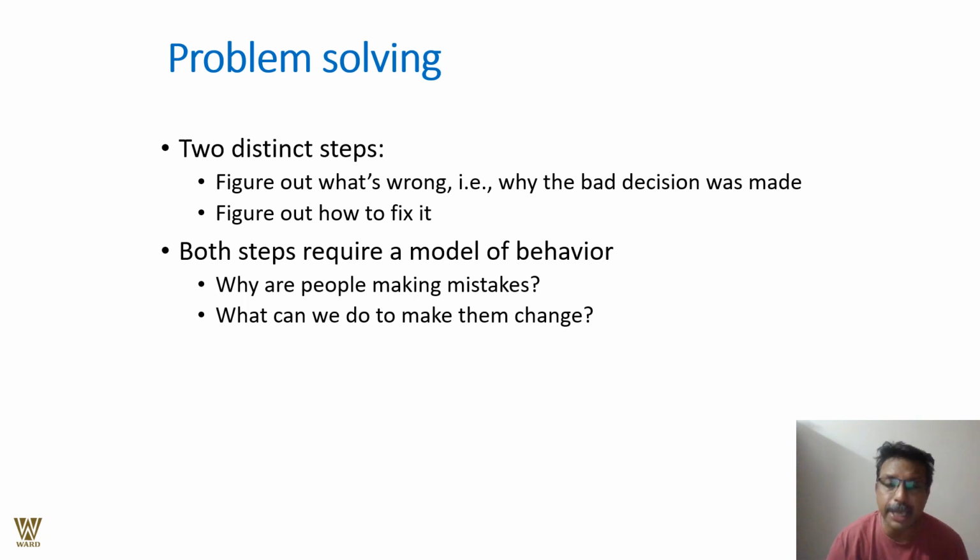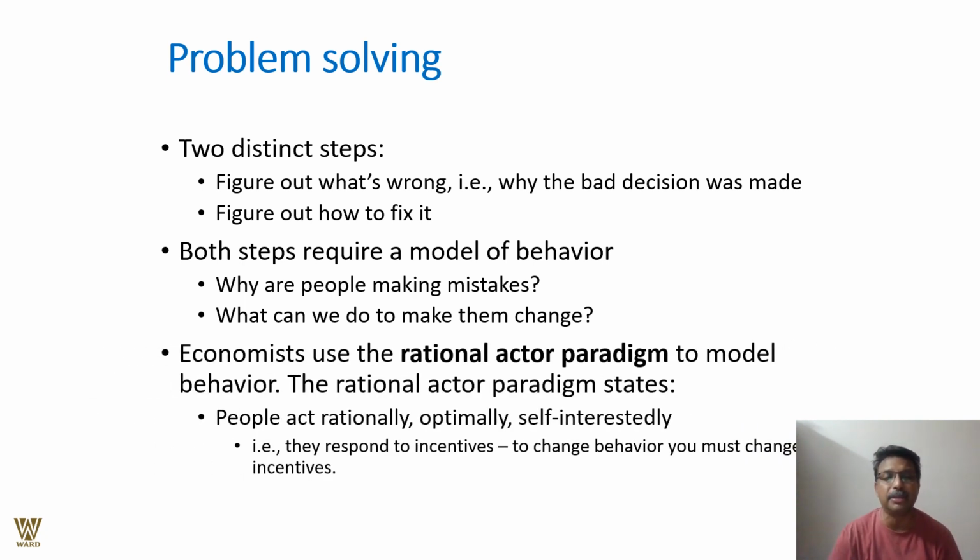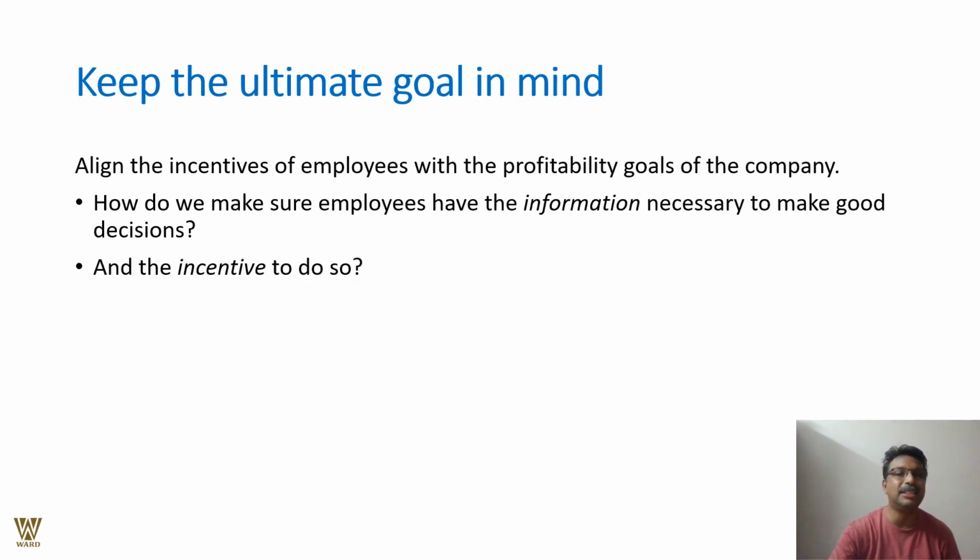Why are people making mistakes? What can we do to make them change? Economics uses the rational actor paradigm to model behavior. The rational actor paradigm states people act rationally, optimally, and in a self-interested fashion. That is, they respond to incentives to change their behavior. You must change the incentive.